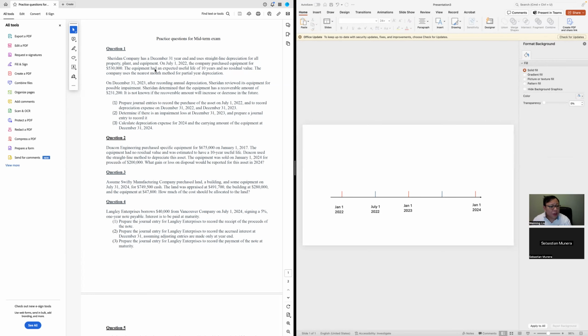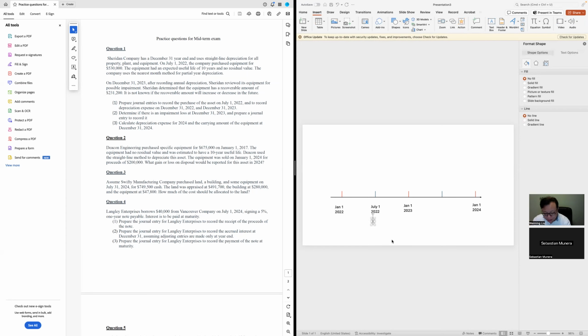So in this case, we learned that on July 1st, 2022, they purchased the equipment. So basically, here they purchase equipment.